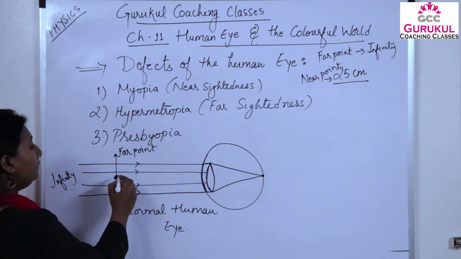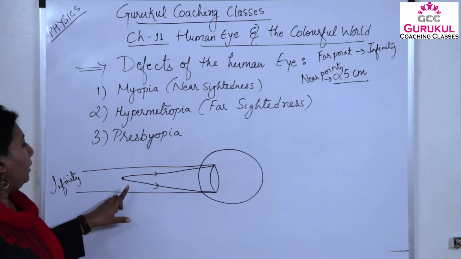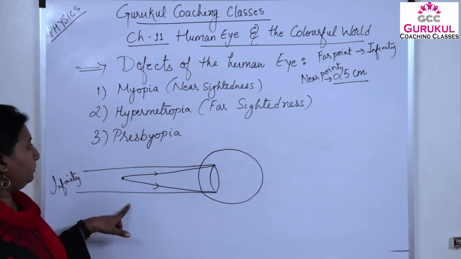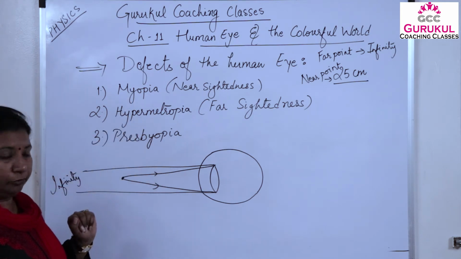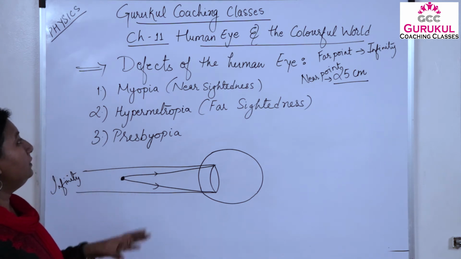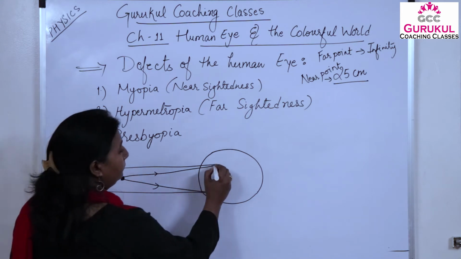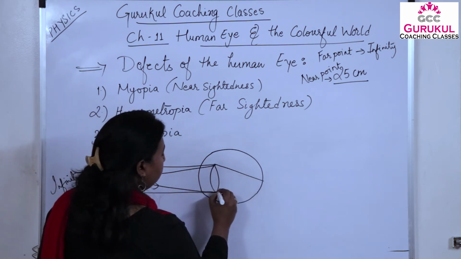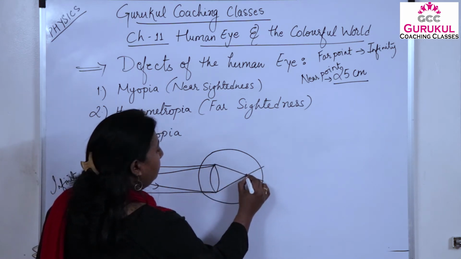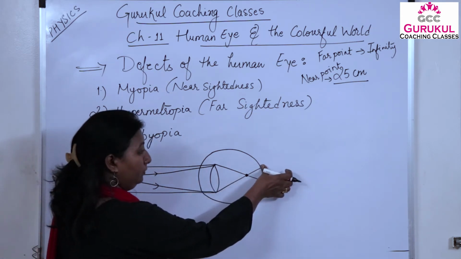Then the rays will be, this is infinity, and for the myopic eye, the person who is suffering from myopia, the far point will be nearer. In that case, the image of the object will form before the retina. Means here the image of the object will be formed, right?